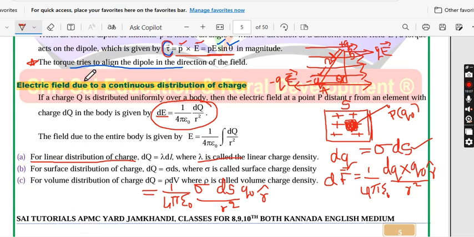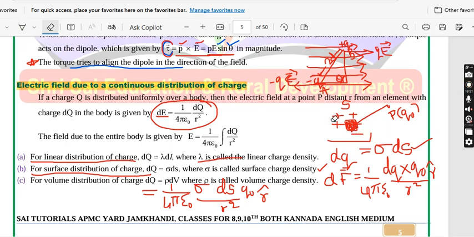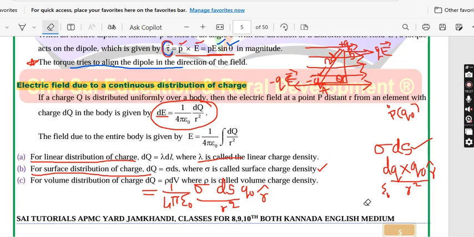So this is an electric field due to a continuous distribution of charges, in case of surface distribution of charge. Okay, this is a surface charge distribution. In the same way, how do you find the volume distribution of charges? So let us discuss volume distribution of charges.